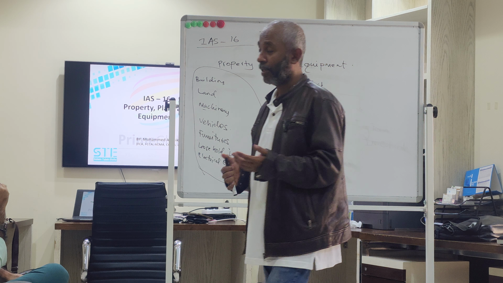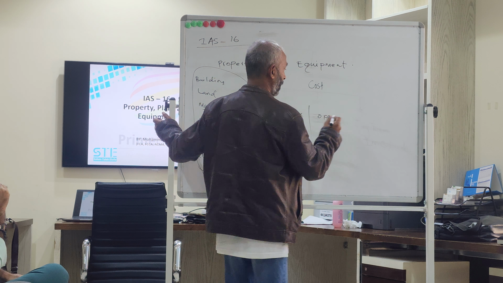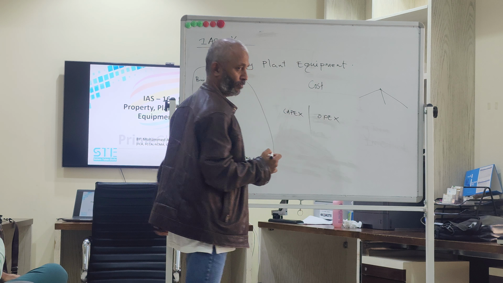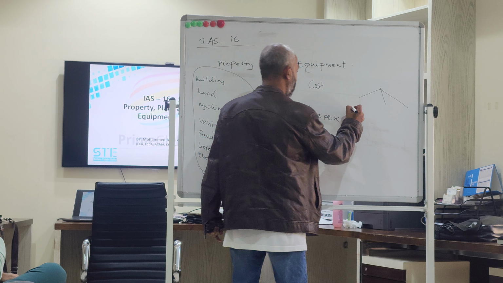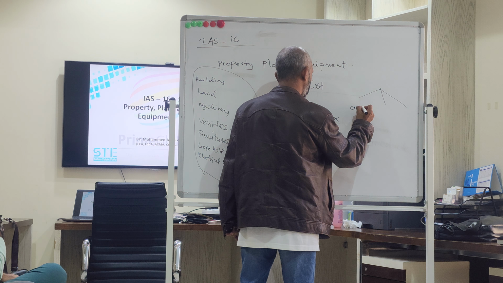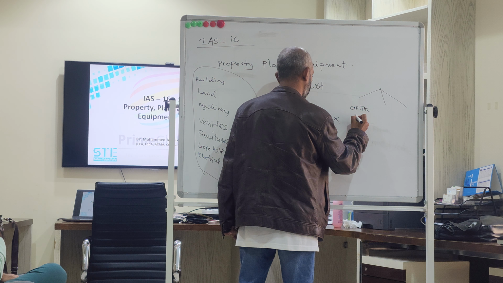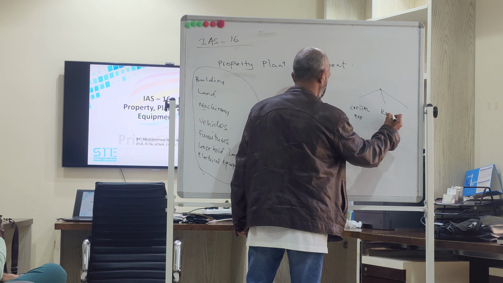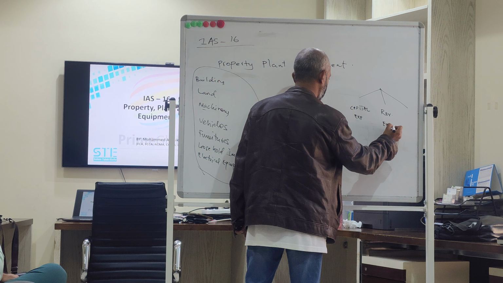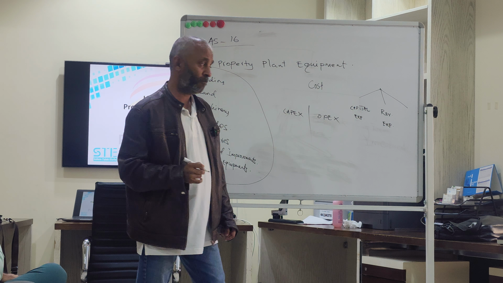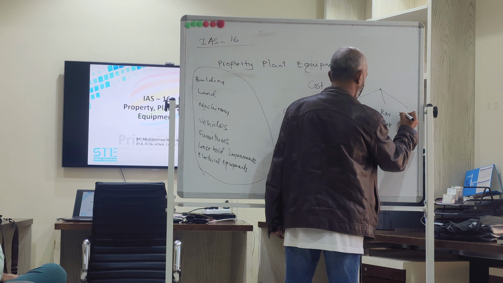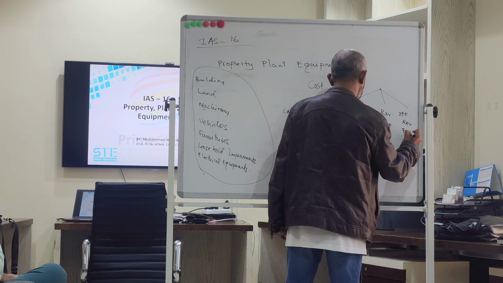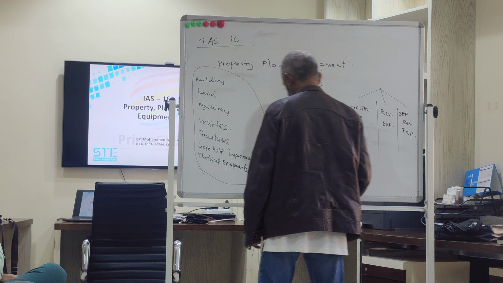So another way of classifying this, the expenditures can be classified into three headings. One is, as we talked about, capital expenditure. Another one is revenue expenditure. There is a third category, deferred revenue expenditure.